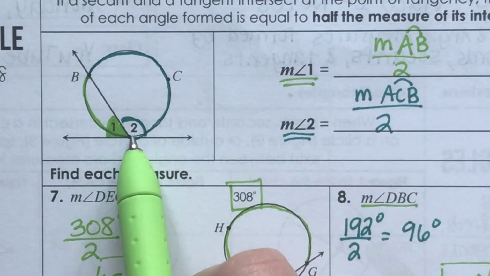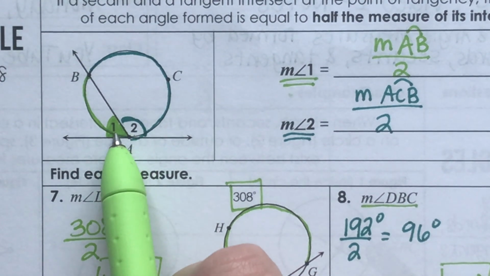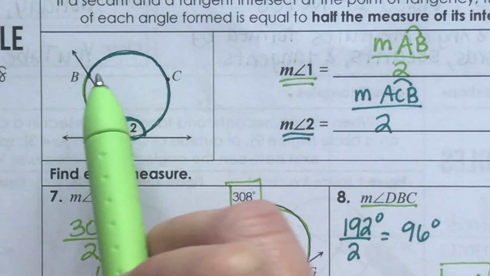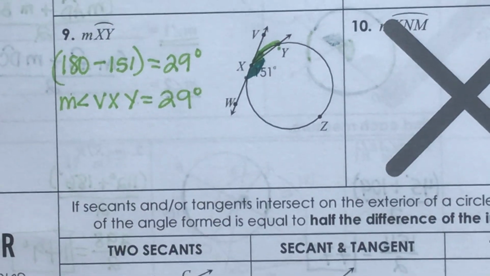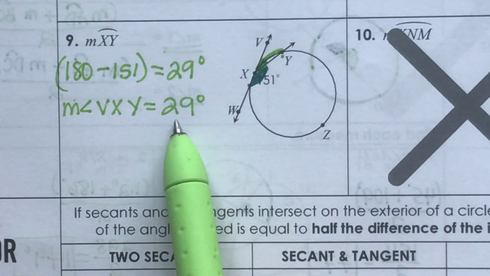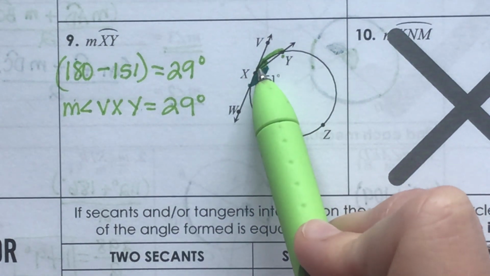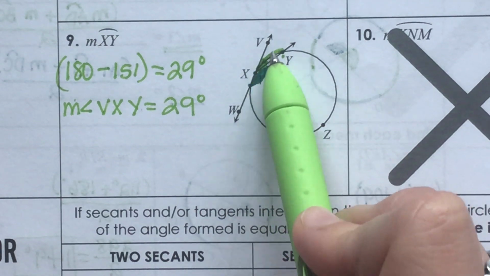Well, if you have the angle, what you can do instead is double the angle to get the arc. So I'm doing just the opposite. Instead of dividing by 2, I'm going to multiply by 2. I know this piece is 29, this itty bitty little angle. If I double it, that's going to give me the arc.